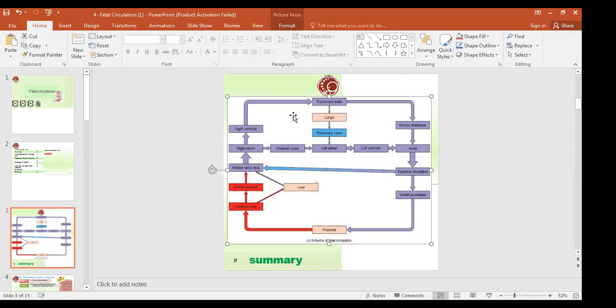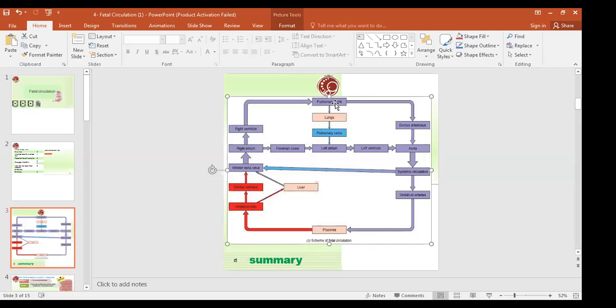And from the ventricle it will go to the pulmonary veins, and from there about 10% goes to the lungs, because at this stage, in the intrauterine life, the lungs are not performing the respiratory function, but it is only for the growth of the lung.